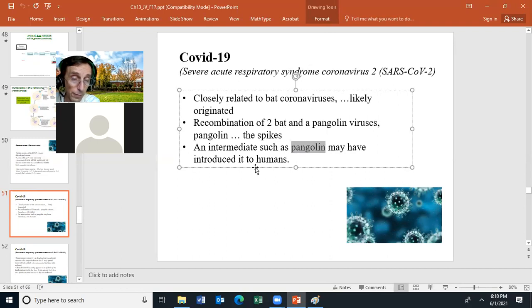And hopefully that will reduce the chance of a serious disease like COVID-19 happening in the future.